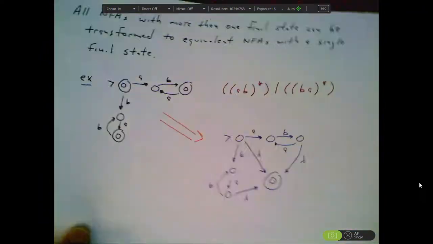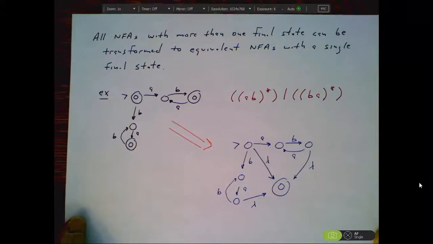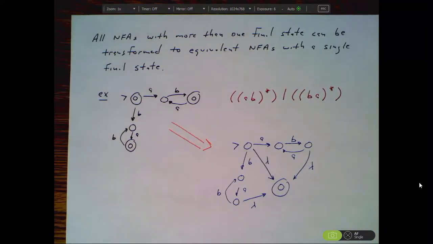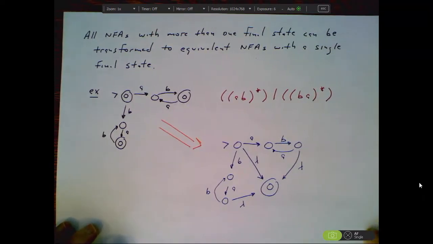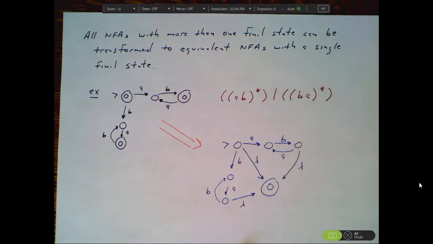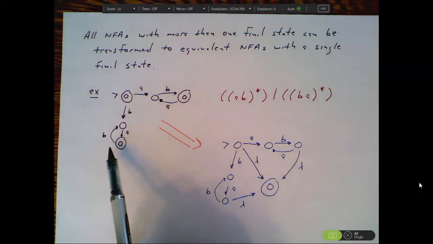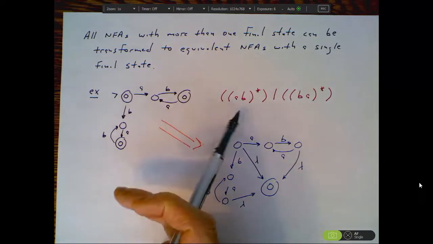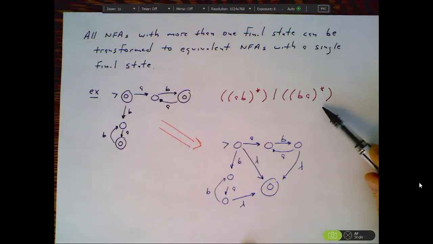A couple of technical points now that we'll use later is that all NFAs with more than one final state can be transformed to equivalent NFAs with a single final state. So the ability to have more than one final state is not really technically necessary. We can tighten it up. So here's again a finite state machine for AB star or BA star. And here's what I claim is a finite state machine that will recognize the language denoted by that regular set.